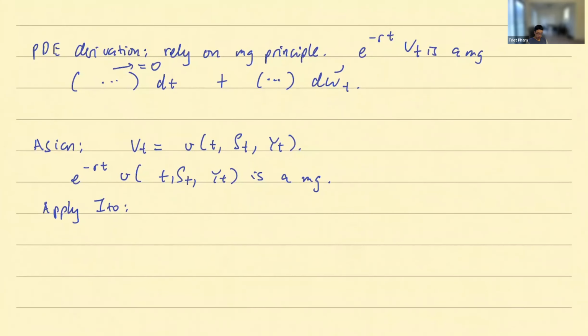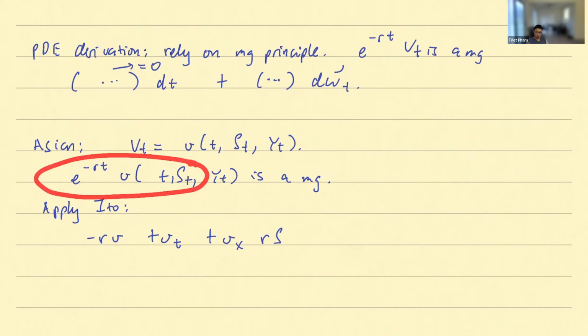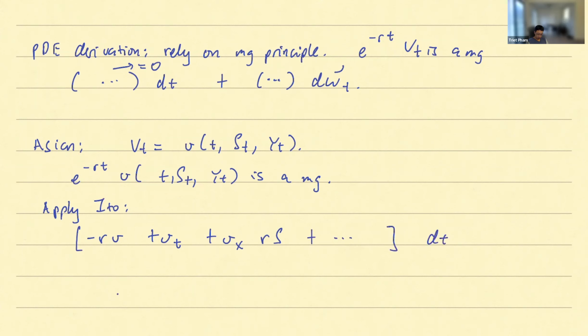When you apply Ito's formula, what do you have? You have minus rV plus V_t plus V_x times rS. These are the traditional parts. All of this, let me write dot dot dot, dt.